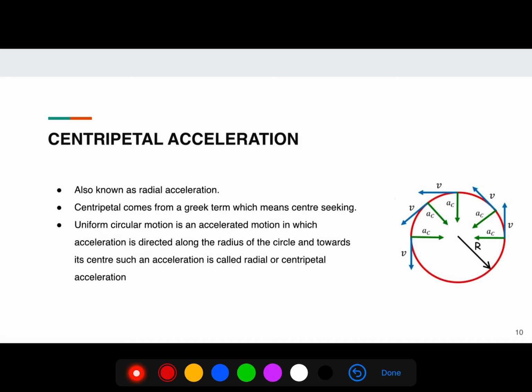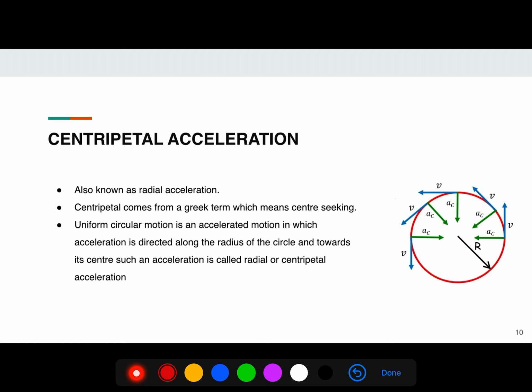Now, what is the centripetal acceleration? It is also known as radial acceleration. Centripetal means seeking the center. So, the direction of the centripetal acceleration is towards the center.